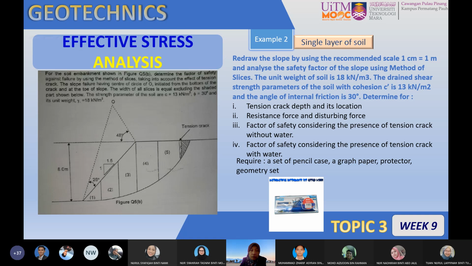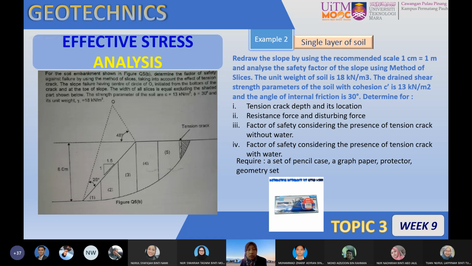So you have to draw the slope geometry on graph paper, find the R, get the sector angle, and finally calculate the FOS. As you look at these questions, it gives the idea that the method of slices needs to be used for the FOS calculations.